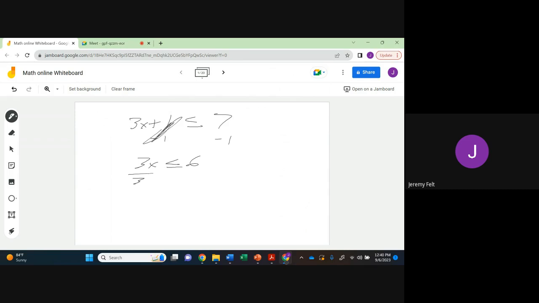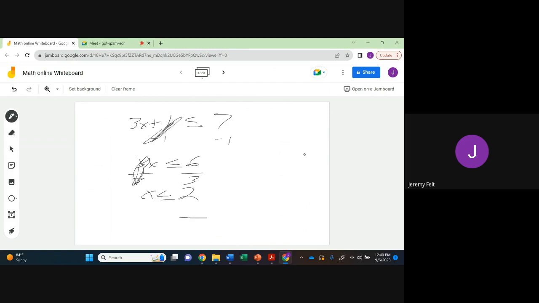And I divide both sides. Since I'm multiplying, I divide. So then I have x is less than or equal to 2.